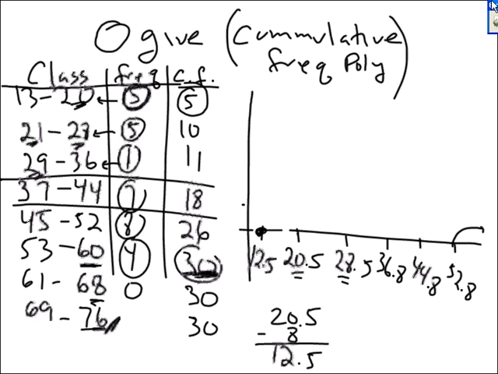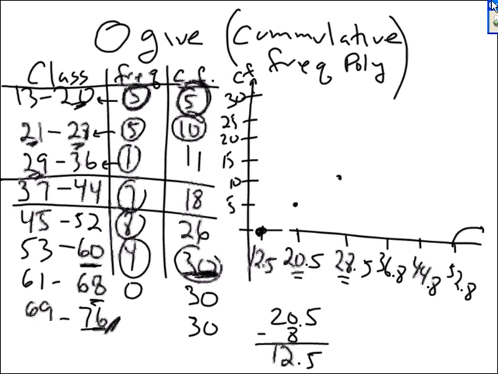Five. So, you have 5, 10, 15, 20, 25, 30. At 20.5, the cumulative frequency is 5. So this here is the cumulative frequency. Up to 28.5, it went up to 10. And 36.5?